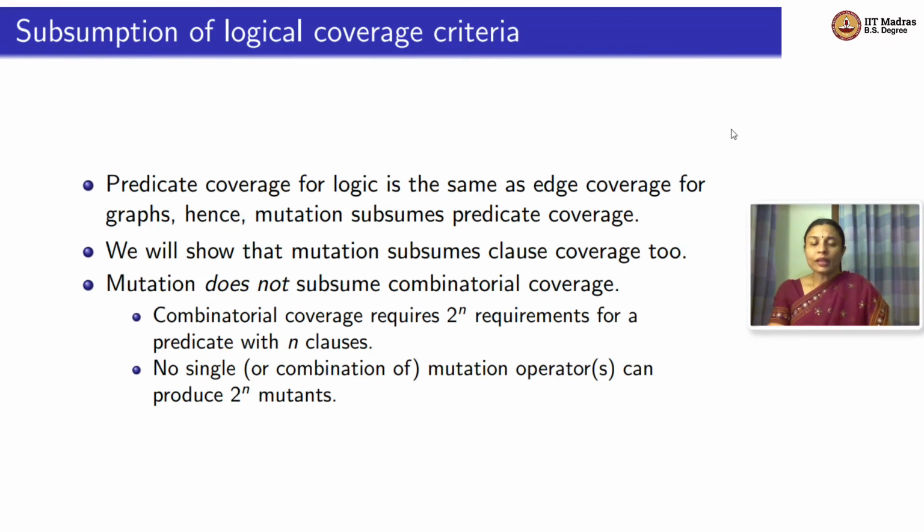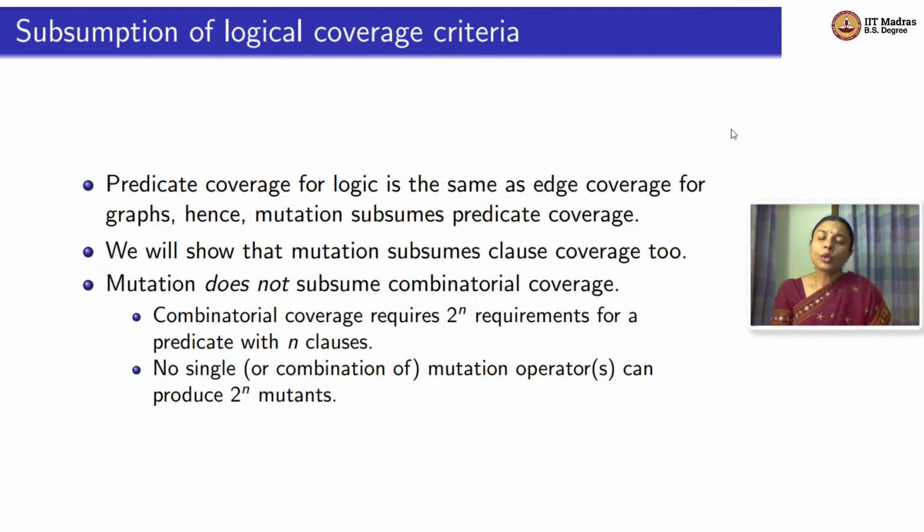The same thing, edge coverage in graphs is the same as predicate coverage in logic. We all know that. Because edge coverage says execute the true branch and execute the false branch that come out of a particular node. And that's exactly what predicate coverage does also, because it makes the underlying predicate corresponding to the decision go true once, go false once. So it's in the same spirit that mutation testing subsumes predicate coverage.